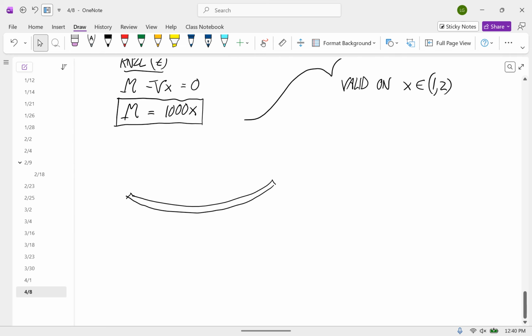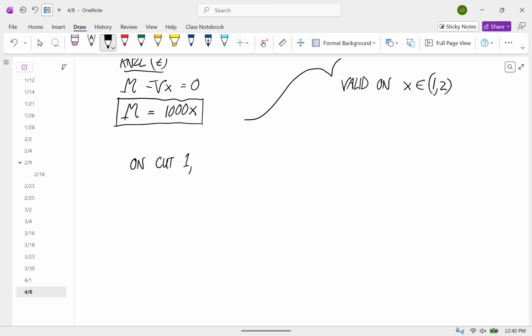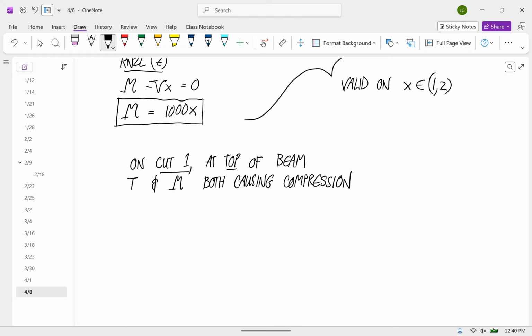So on cut 1, at the top of the beam, the internal tension and the bending moment are both causing compression. So on cut 1, we know for one thing that we're most concerned at the top.